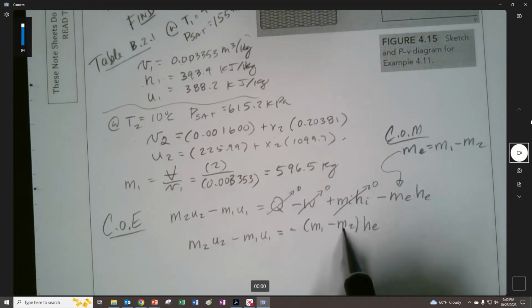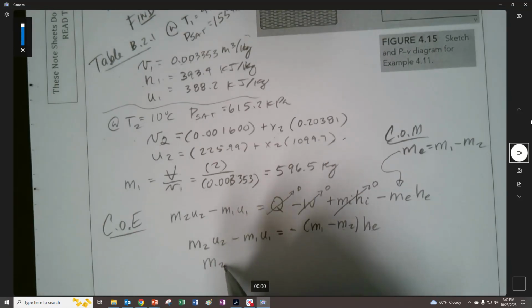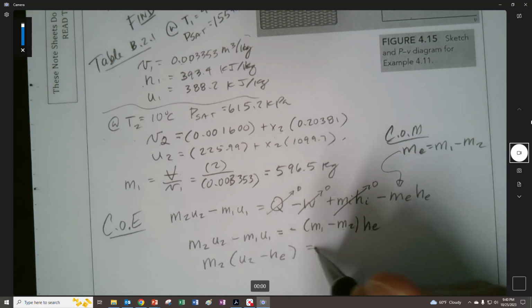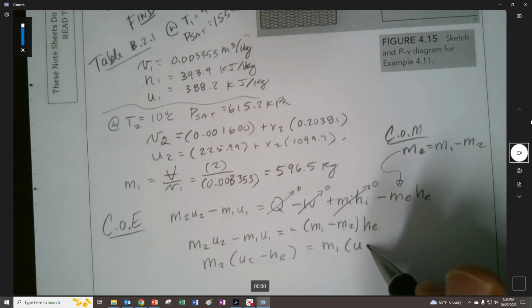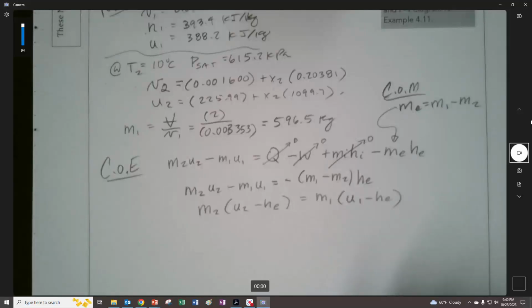Distribute the M right into here and then collect, and what you'll find, you'll get M2 (U2 minus HE) equal to M1 (U1 minus HE). If you see that right there.